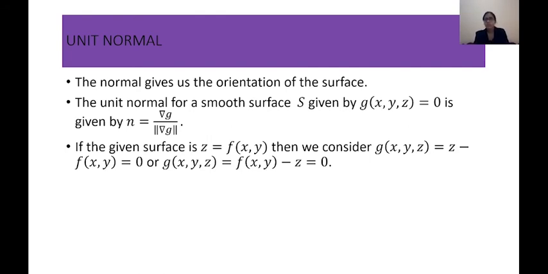Now we know the value of grad g: it is dou g by dou x i plus dou g by dou y j plus dou g by dou z k. If the surface that we are dealing with is of the form z equal to f of x, y, then we consider g of x, y, z to be z minus f of x, y, or f of x, y minus z. You can keep that in mind while doing the problem section.